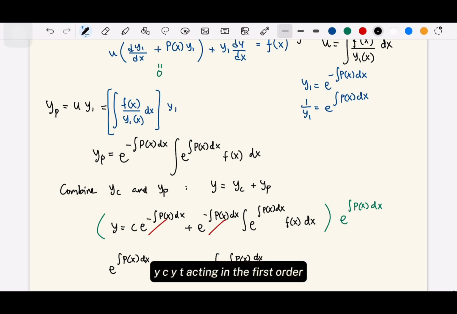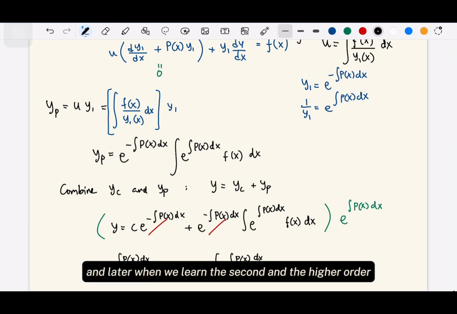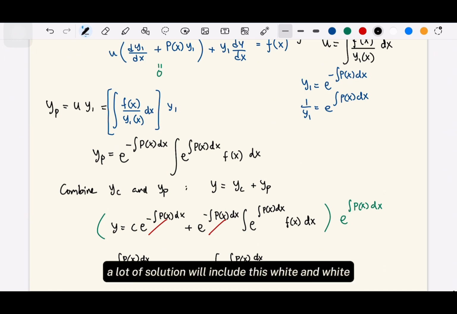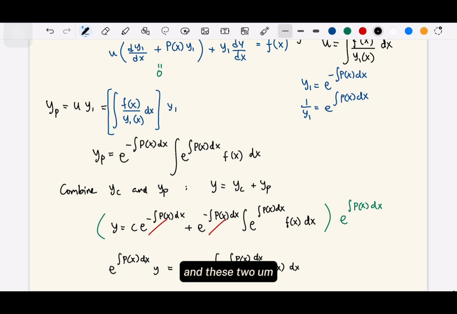yc, yp, I think in the first order, and later when we learn the second and then the higher order, you will see a lot of solutions will include this yc and yp. And these two types of solutions will be very, very important in the next methods. It's not done yet.